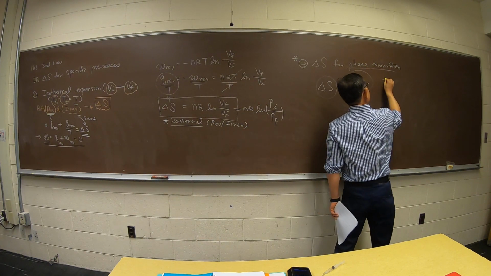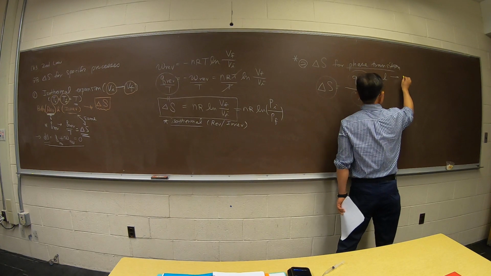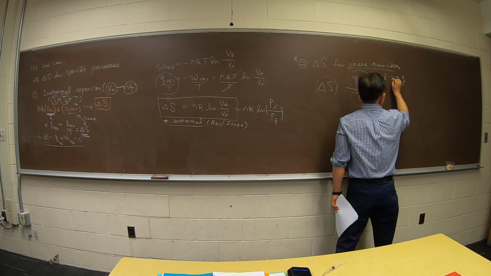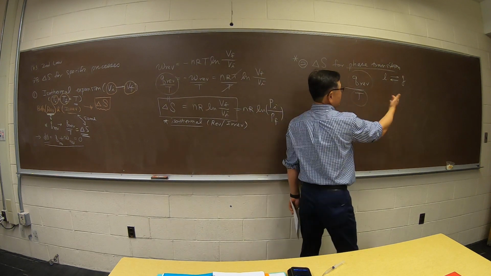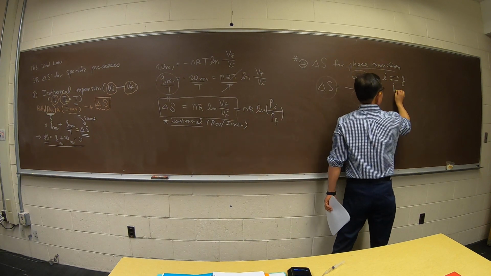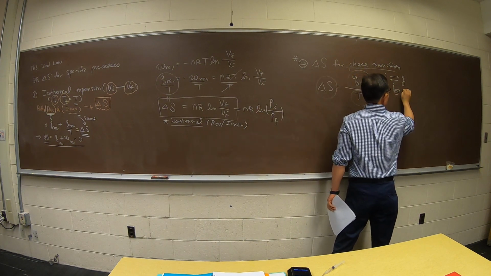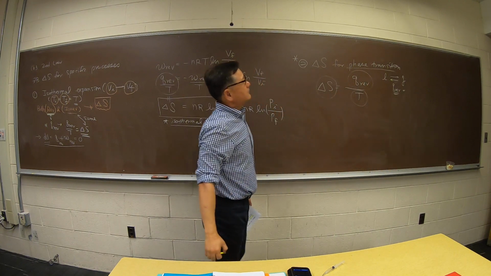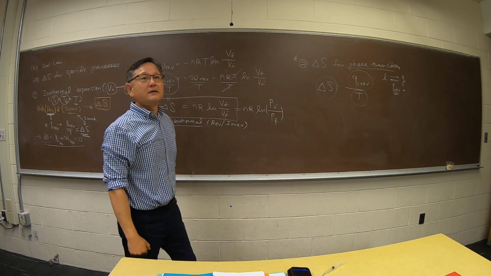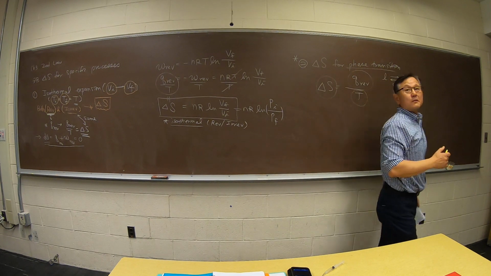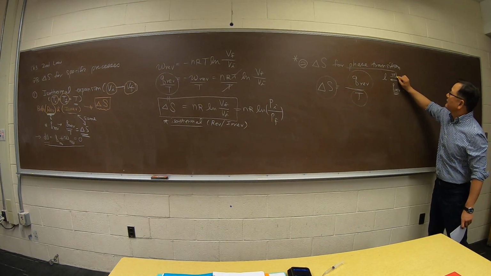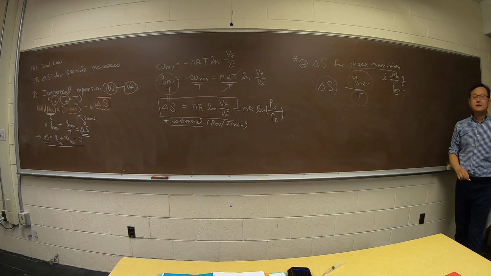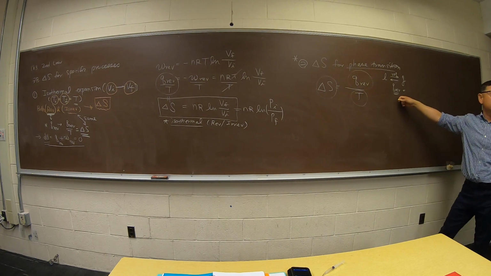So for example, if you have a gas condensing into a liquid, or a liquid going to gas, going back and forth, what do we call the Q reversible in this process? Let's say for vaporization. This is a vaporization. So what's my Q reversible here?